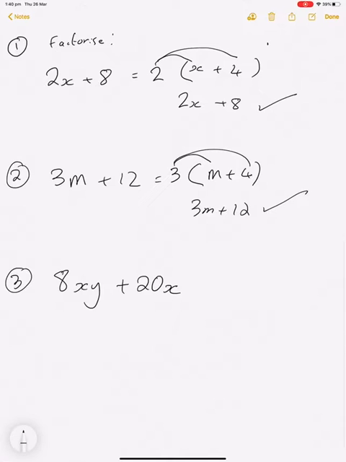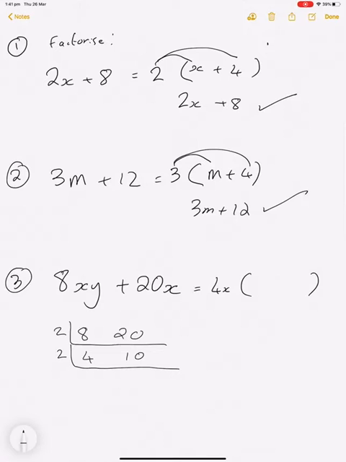The highest common factor of 8xy and 20x is going to be 4x. We can show that with our algorithm. Divide by 2, get 10.